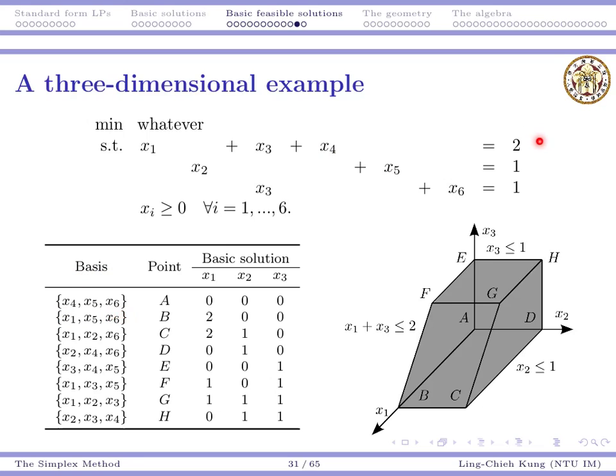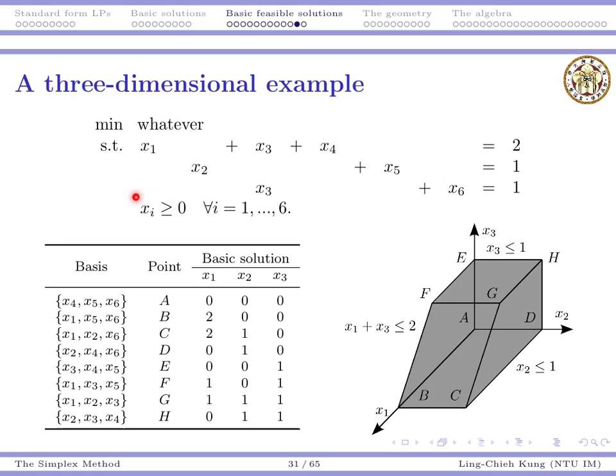Why? Because there are three equality constraints. For example, if I choose x4, x5, x6 as my basic variables, then x1, x2, x3 would all be 0, because the basis is here, and these three are non-basic variables.